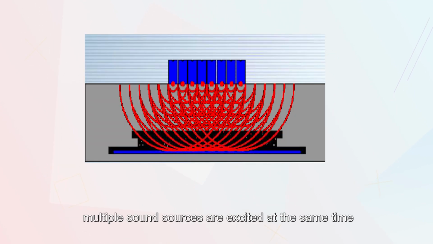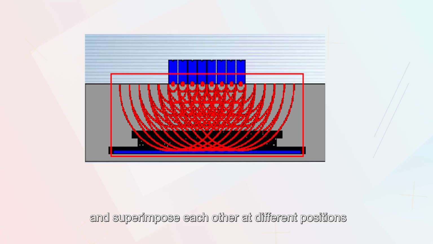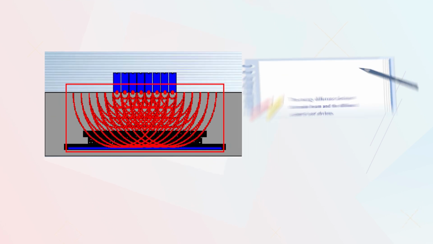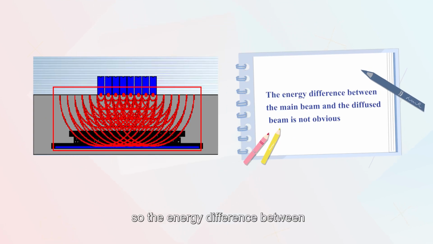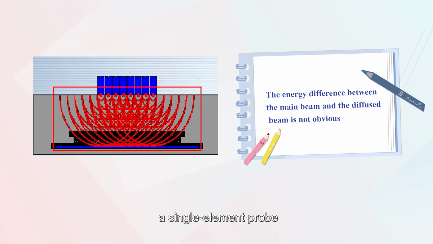During detection, multiple sound sources are excited at the same time to generate a large diffuse sound beam. Multiple sound sources interfere and superimpose each other at different positions. So, the energy difference between the main sound beam and the diffuse sound beam is not as obvious as that of a single element probe, thus achieving a wide range of scanning.